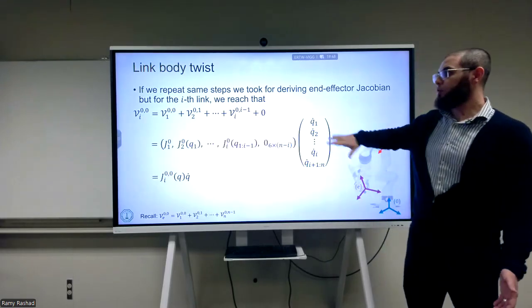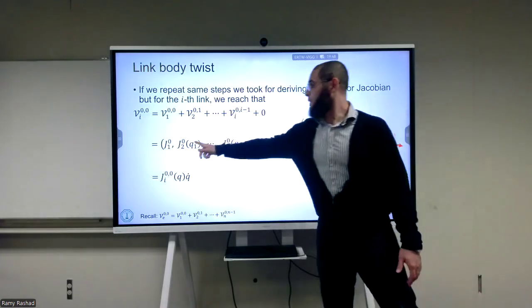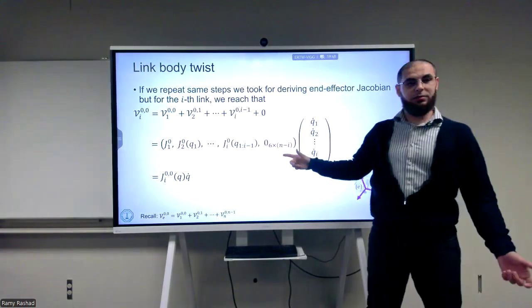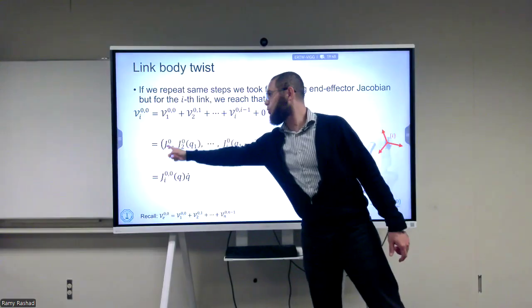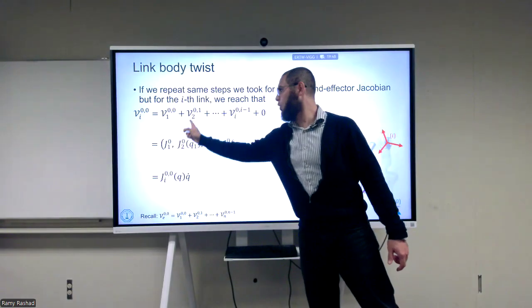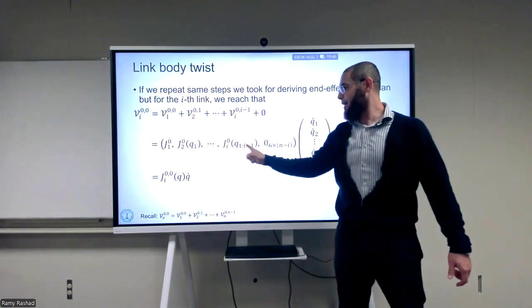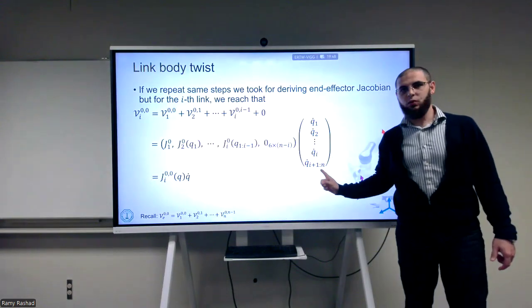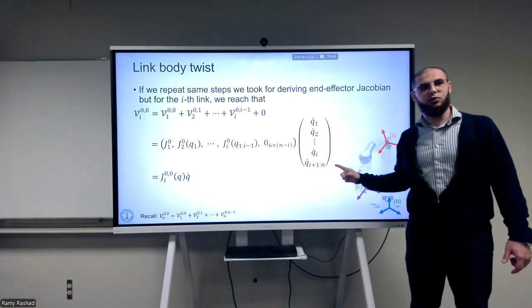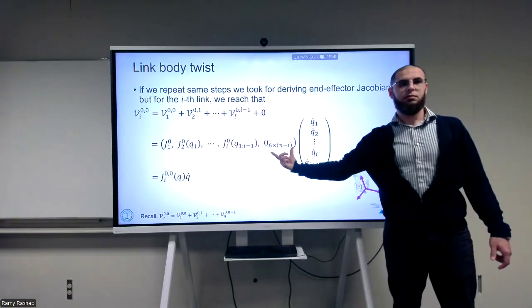If I repeat exactly the same steps that we did before, you're going to find one column corresponding to this twist, another column corresponding to that twist, up to the ith column. And from I plus 1 up to n, I just have zeros.